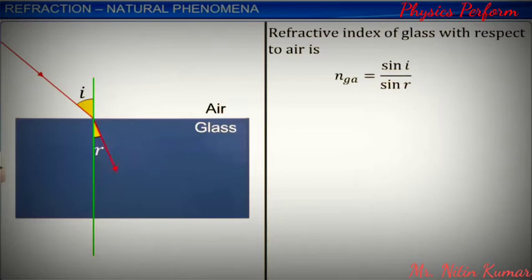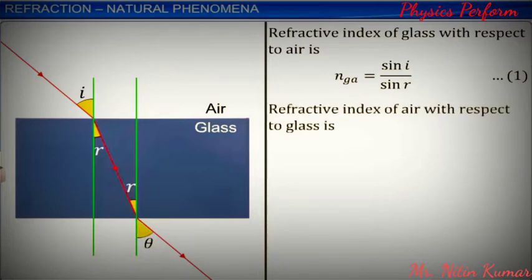The refracted ray is then incident on the glass-air interface and refracts to air. For glass-to-air refraction, the angle of incidence is equal to R. Let the angle of refraction be theta. If the refractive index of air with respect to glass is NAG, then, according to Snell's law, NAG is equal to sin R by sin theta.